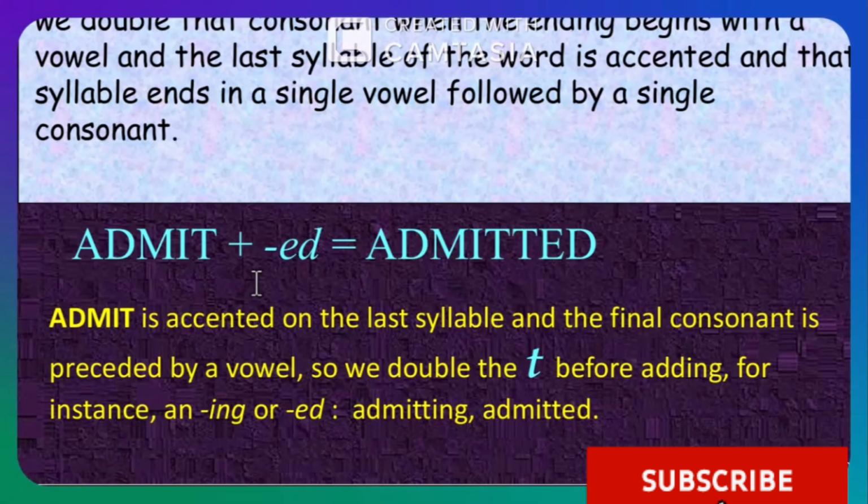Admitted. Admit is accented on the last syllable and the final consonant is preceded by a vowel. So we double the T.